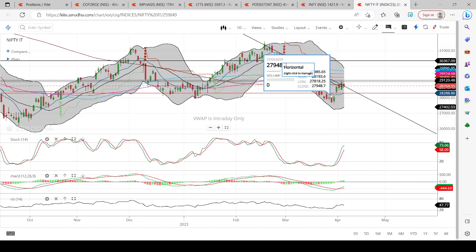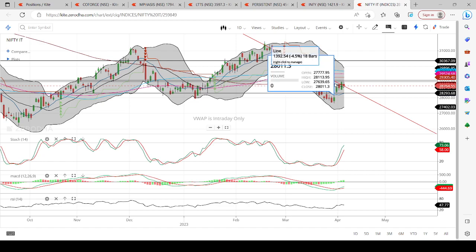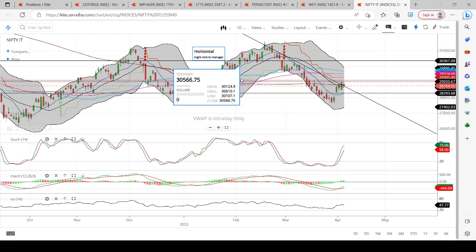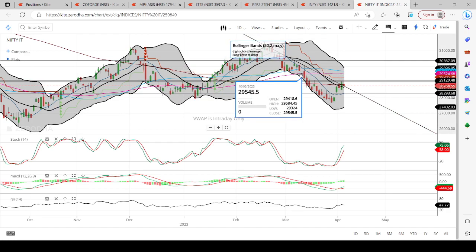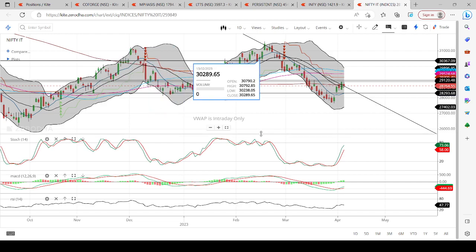This dark blue line is the 10 moving average. As I said earlier, the middle of the Bollinger Band, that is black in color, is the 20 moving average. Sky blue line is the 50 moving average. Pink line is the 100 moving average, and then the maroon one is the 200 moving average. So this is how the chart looks.